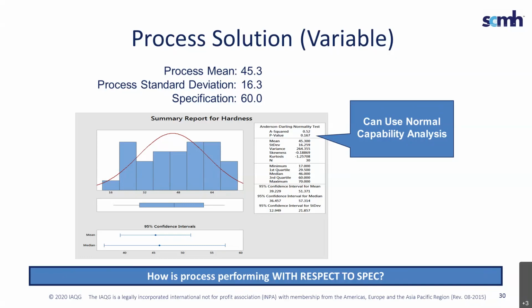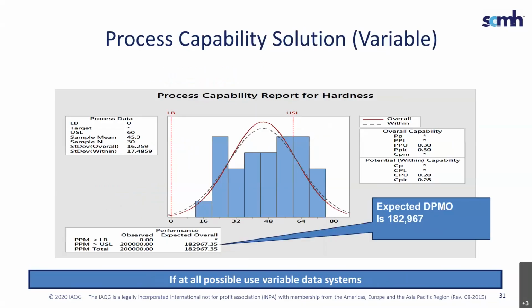So, looking at this, I have normal data. I know the mean and standard deviation. Now, let's compare it to the actual specification. Again, I can use a software package, or I can calculate it. By the way, all of the calculations and general formulas are listed in the back of this presentation, so you can, at your leisure, look those up and calculate this manually if you wanted to.